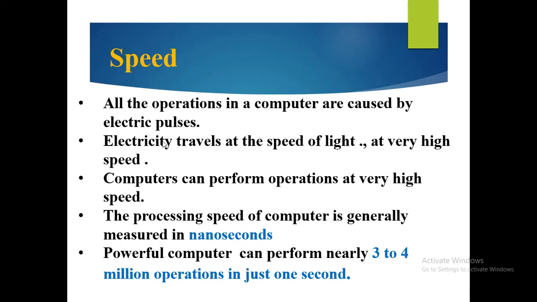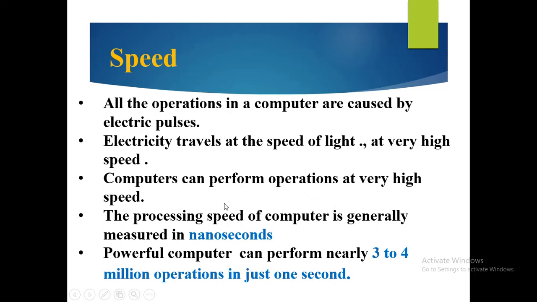I told you that a computer can do different operations, like mathematical calculations, and it can store data. All these operations are caused by electric pulses, and since electricity travels at the speed of light, the electricity in the computer travels at very high speed. So the computer can perform all the operations at very high speed.